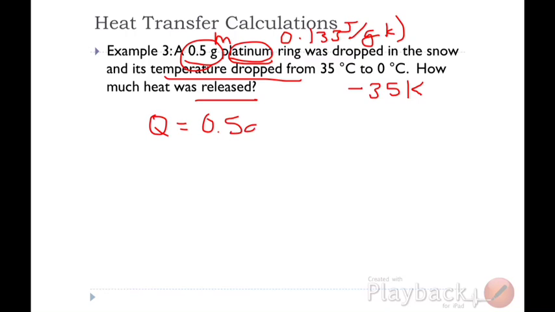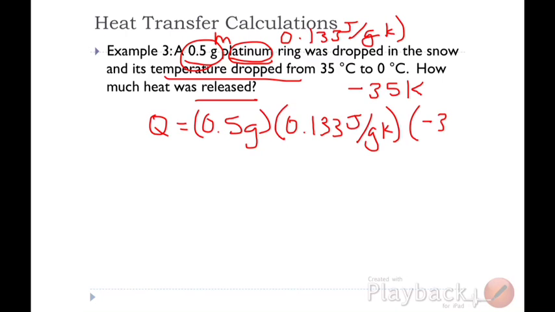We have 0.5 grams, 0.133 joules per gram Kelvin, and negative 35 K. When we multiply these together, we get negative 2.3 joules. And we can leave this as our answer.